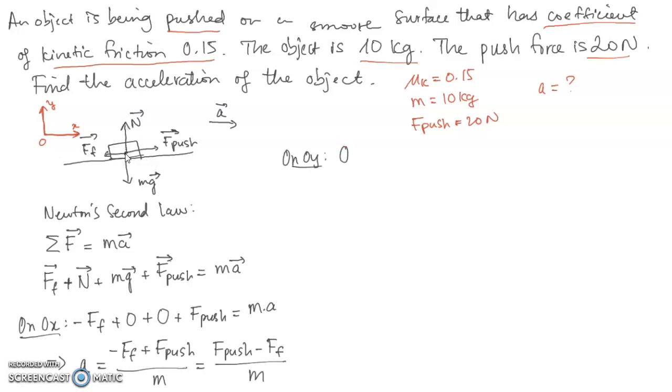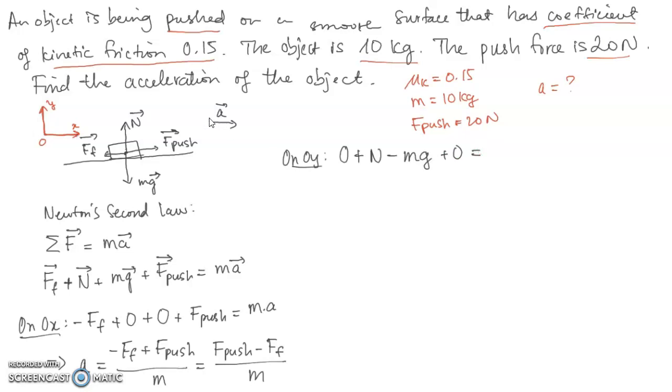Normal force going up, the same direction as OY, so that would be plus N. Mg is going down, parallel to OY but in the opposite direction, so that would be minus Mg. And F push is again perpendicular to OY, so that would be plus 0, equal to m times a, acceleration.